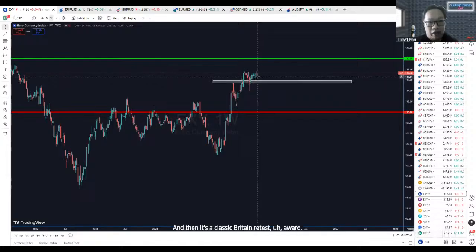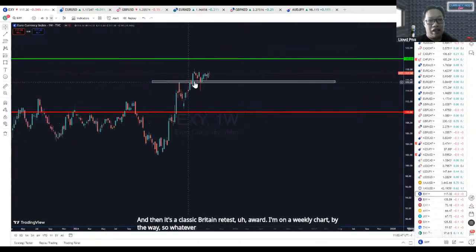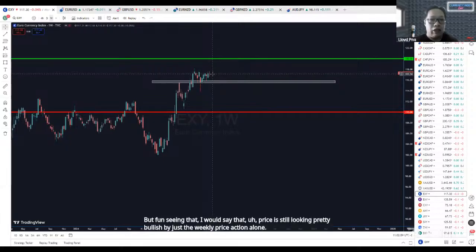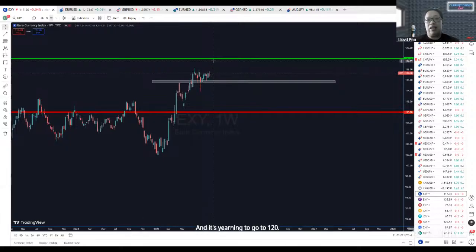I'm on a weekly chart, by the way. So whatever price action you see here does represent a sideways movement in the lower time frame. But having said that, price is still looking pretty bullish by the weekly price action alone, and it's yearning to go to 120. As such, I've placed euro as my most bullish pair.